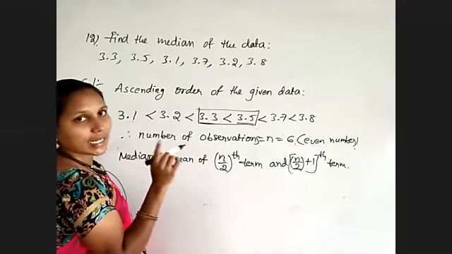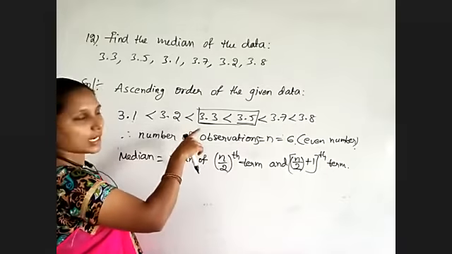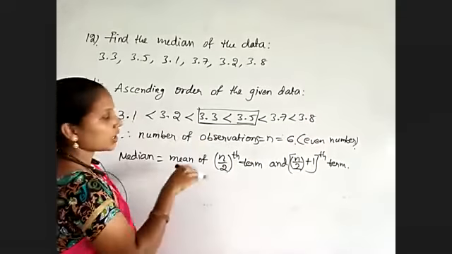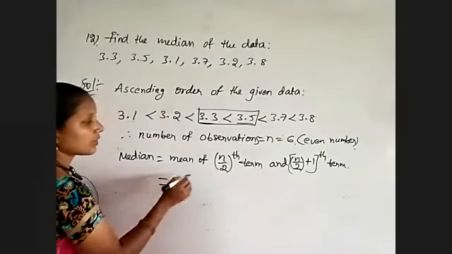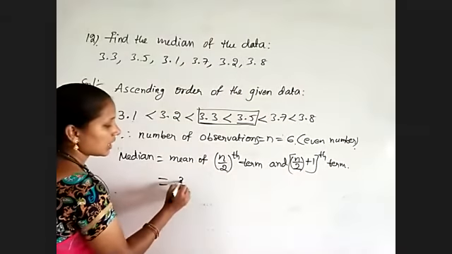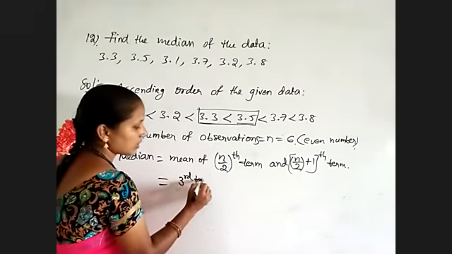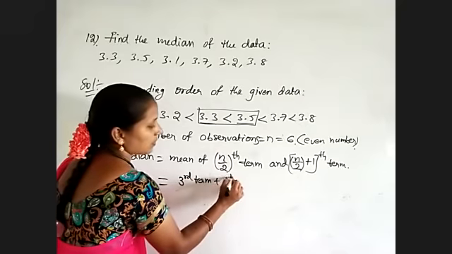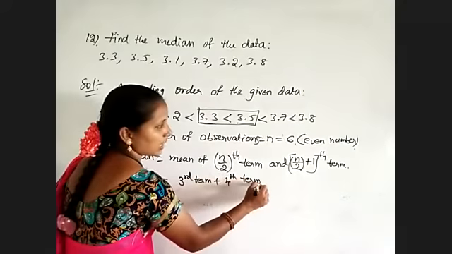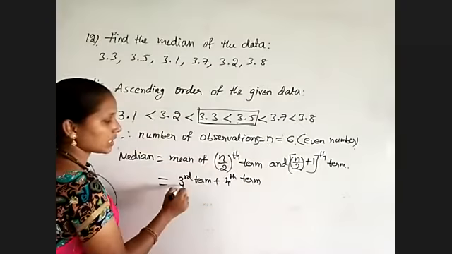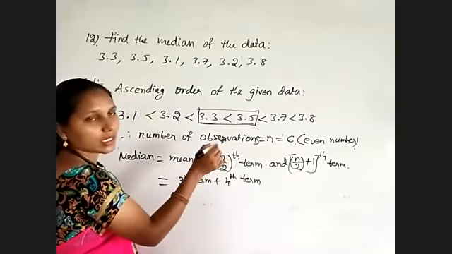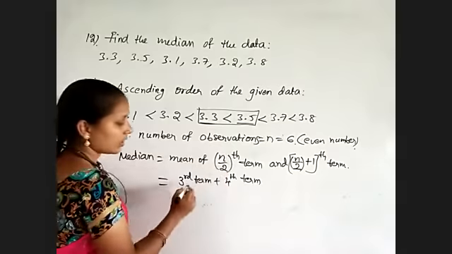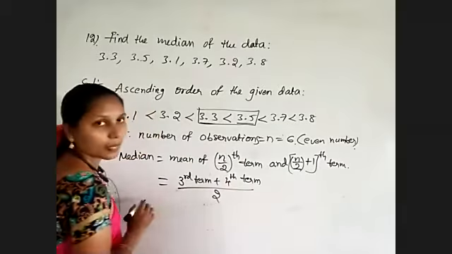If we get an odd number, only one mid value we will get. But here we are getting two mid values. Therefore, the mean of the n by 2 term, that means the third term plus the fourth term for this question, because n equal to 6. 6 by 2 is 3, 6 by 2 plus 1 is 3 plus 1, the fourth term, divided by 2. Okay.